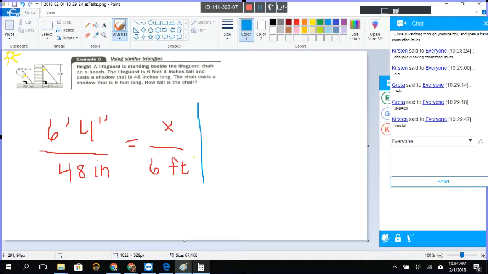So lifeguard is 76 inches, okay, over 48 inches equals X over, and then we just did 6 times 12 is 72 inches. And I don't know why I just wrote feet right there. This should also be inches in the top. Now we're all in inches, and remember, when you solve for X, you're going to be in inches.